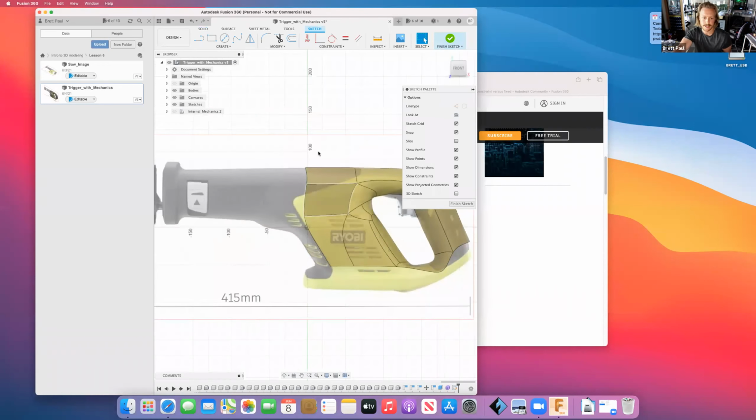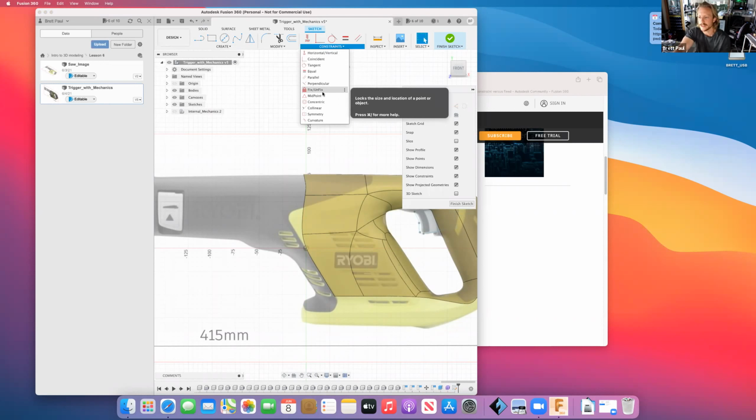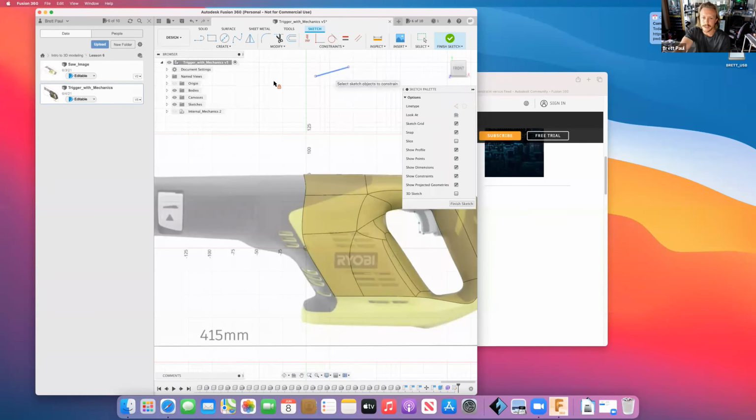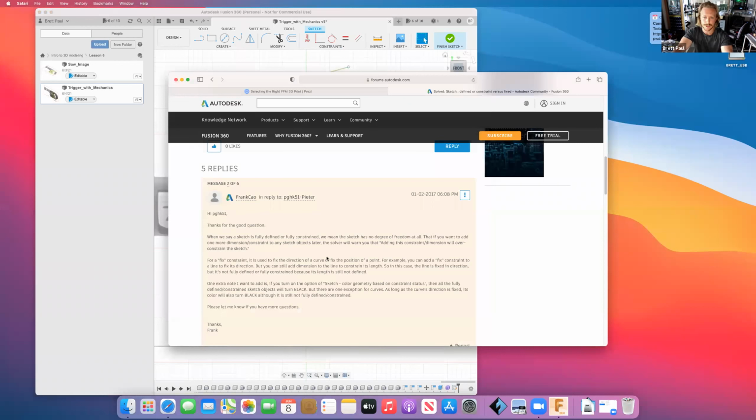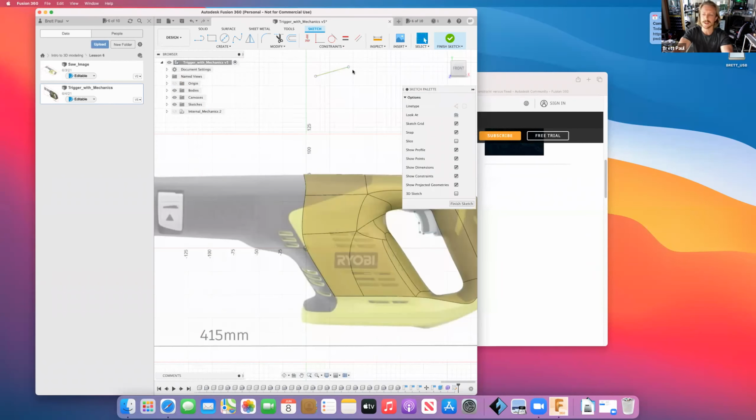Let's go like this. And if I draw a line, then I can come in here, and there's this fix unfix constraint. And you can start clicking on things, and you see it changes color, and that fixes the line. I haven't used this all that much, and so I did some reading on this forum, and essentially it's constraining certain parameters about this segment.